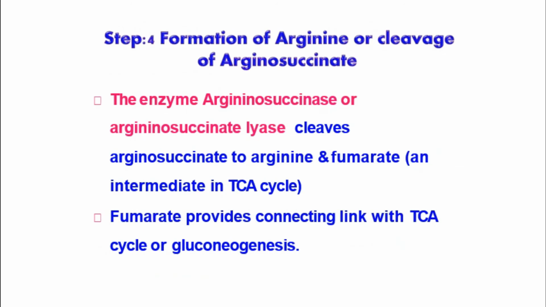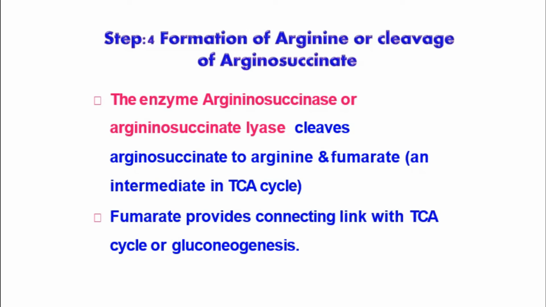Step 4, formation of arginine, or breakdown of arginosuccinate. This is carried out by the enzyme called arginosuccinase, or arginosuccinate lyase. This enzyme breaks down arginosuccinate to arginine and fumarate. Both of these are intermediates of the TCA cycle.